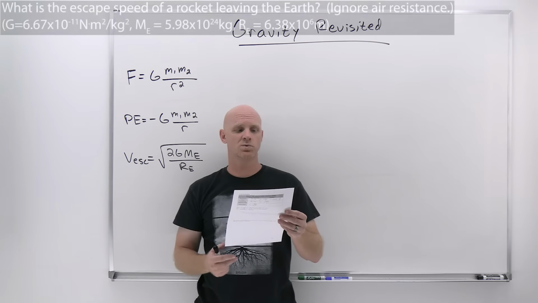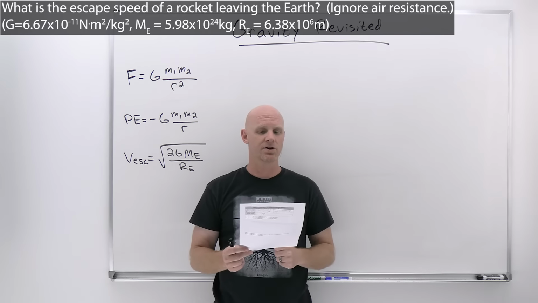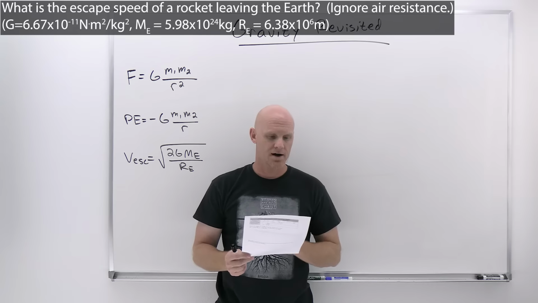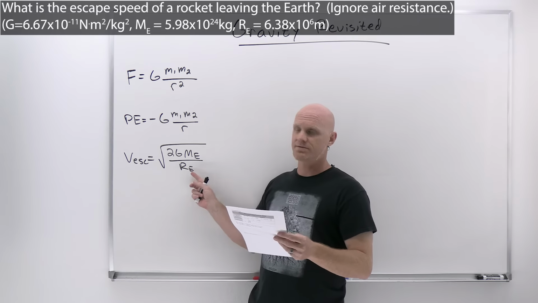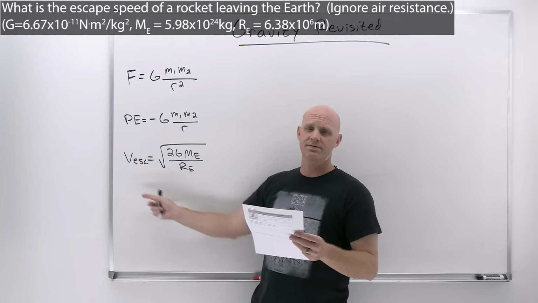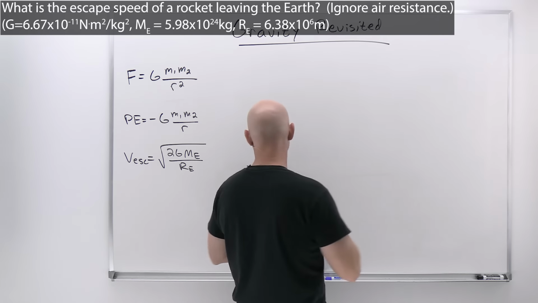All right, next question says, what is the escape speed of a rocket leaving the Earth? Ignore air resistance. It gives you the gravitational constant, the mass of the Earth and the radius of the Earth. And from here, it's simple plug and chug. We derived this earlier, so simple plug and chug.